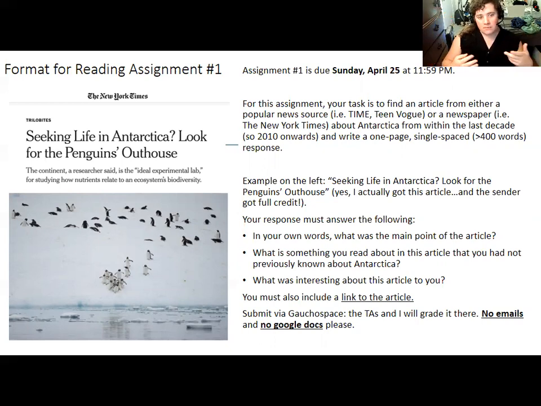And that gives you a sense of what I'm looking for, as opposed to the more academic and slightly heavier articles that you would do for assignment number 2. And I am absolutely okay with somewhat silly articles, as long as they are accurate and as long as there's some academic reason behind them. Somebody did actually submit this article about penguin poop, and they got full credit on it. Anyhow, any questions about assignment number 1?